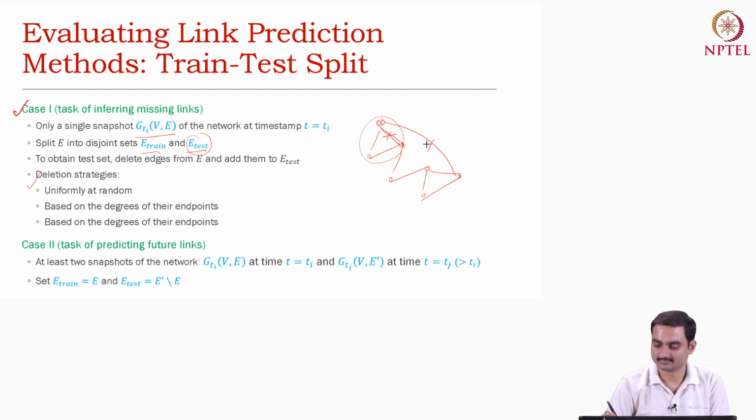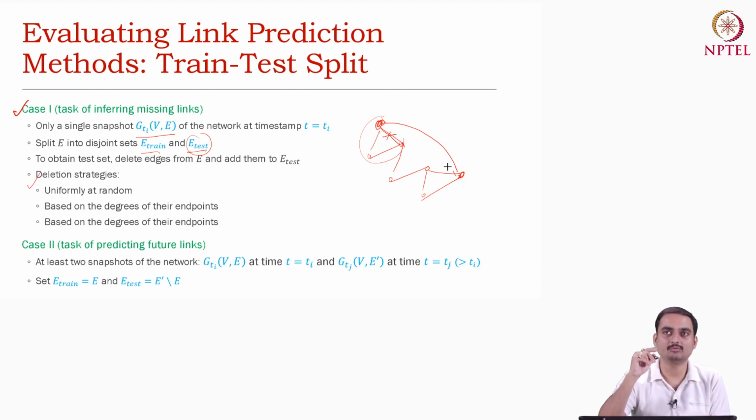What about this edge? If I remove this edge, then the graph would become like this. So how do we predict that this node and this node will be connected? It is very difficult, because these two nodes are far from each other, and this kind of edge is a bridge, as we discussed in the previous chapters.